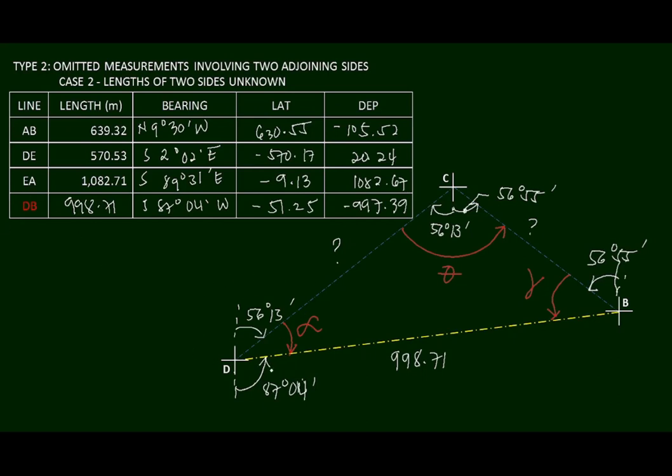From this diagram here, I know that 180 degrees is equal siya kay 56 degrees, 13 minutes, plus 87 degrees, 4 minutes, plus kay alpha. Tama. So, masosolve ko ngayon si alpha.